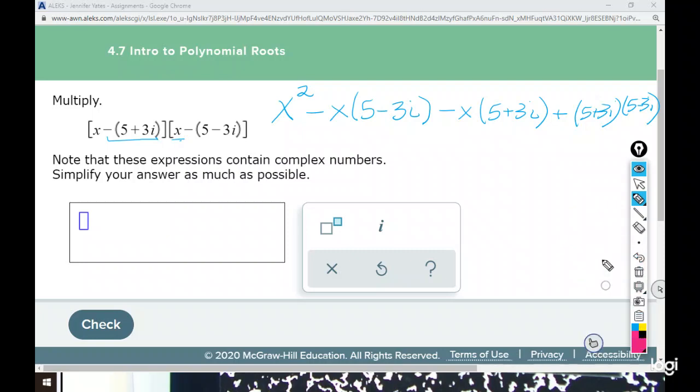So, let's clean it up. Don't let me mess up. What do you remember about multiplying conjugates, and what are conjugates, by the way? They cancel out. Cancel out what? Not all the way.